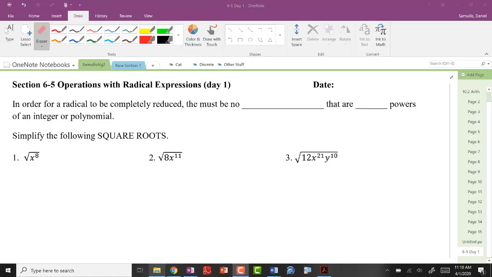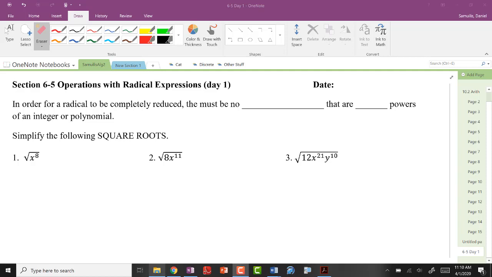All right, so we are continuing on with radicals today. We are looking at what happens when you do not have perfect roots underneath the radical, or perfect radicand values.